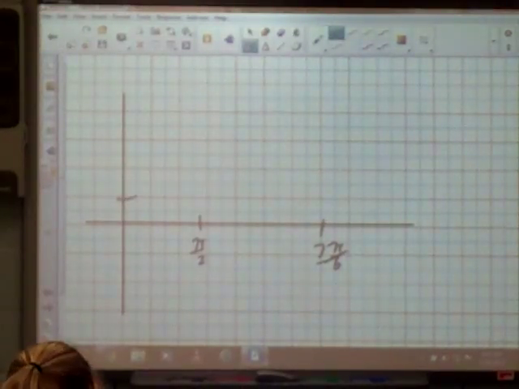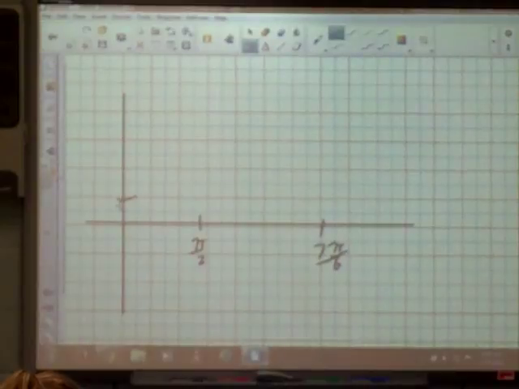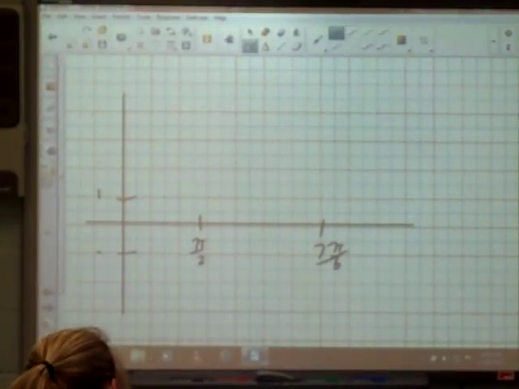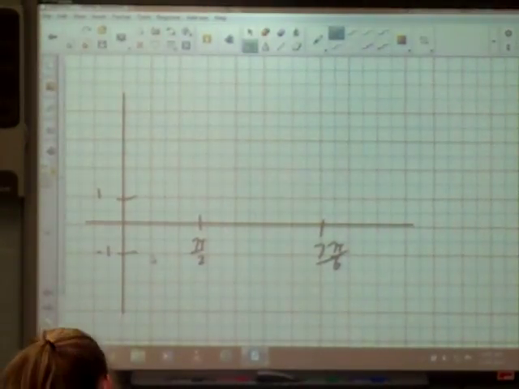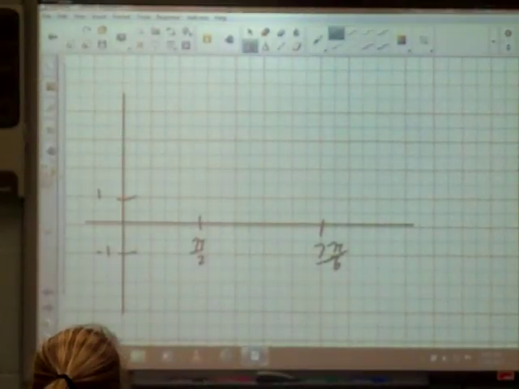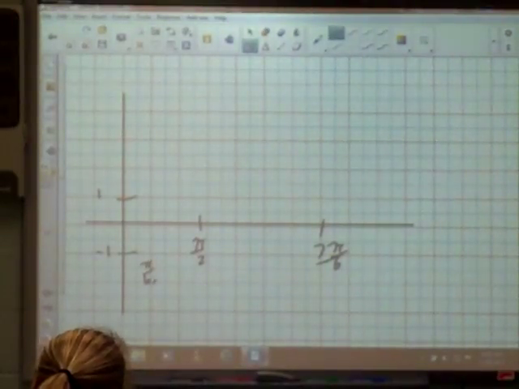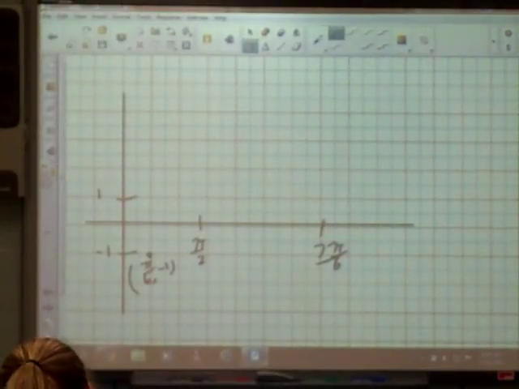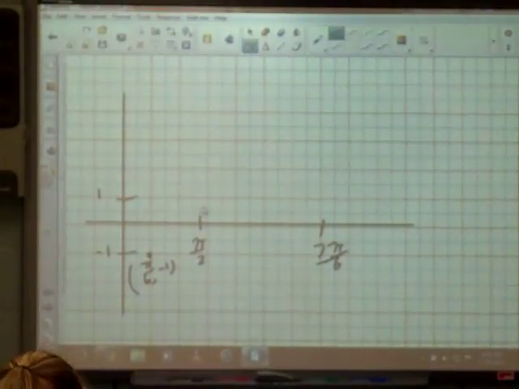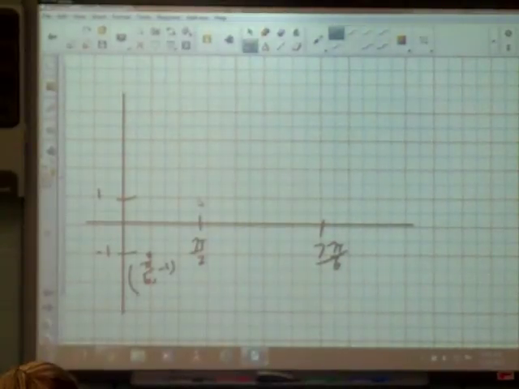Okay, this is going to be 1 here, that's important, and negative 1 here, that's important. Alright, so I'm going to go pi over 6, negative 1. Have a point there. Then we'll have a point at pi over 2 and 3.